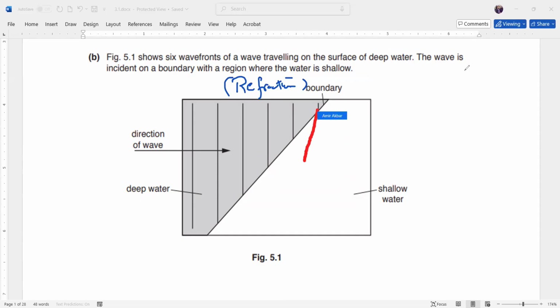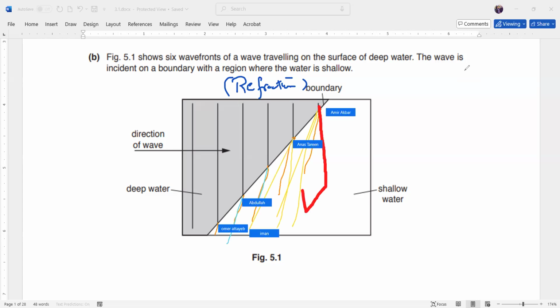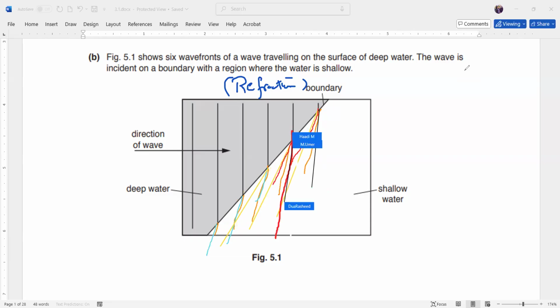Straight lines should be there. What happens is the wave changes direction as well as speed when it moves from deep to shallow.